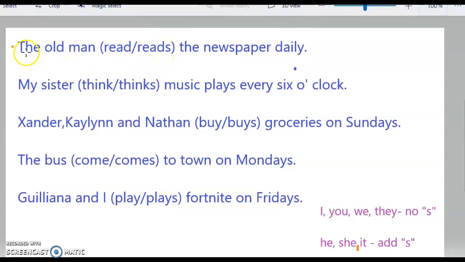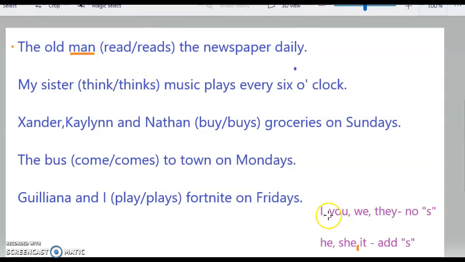So we have here, the old man reads the newspaper daily. Now our noun in this sentence is the subject as well. So that would be the man, the old man. The noun here, this is a common noun, man. What pronoun would we use to replace that?